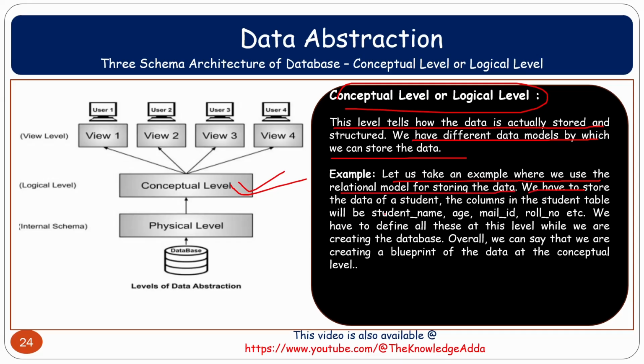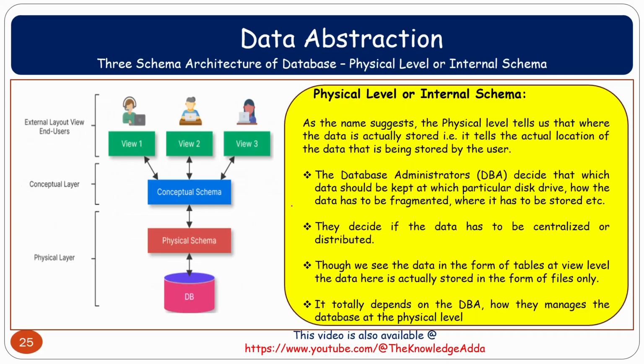We have to store the data of a student. The columns in the student table will have student name, age, mail ID, roll number. We have to define all these at the time of creating the database. So overall, we are creating a blueprint of the data at the conceptual level.